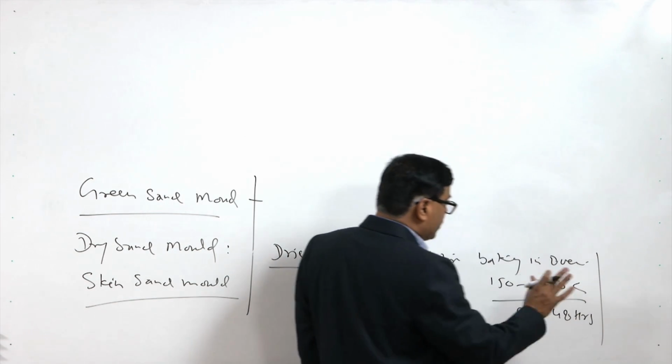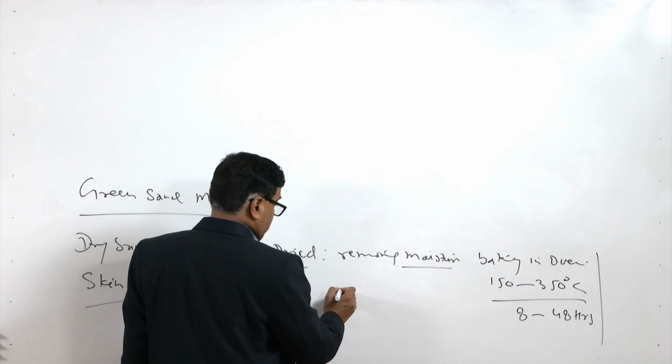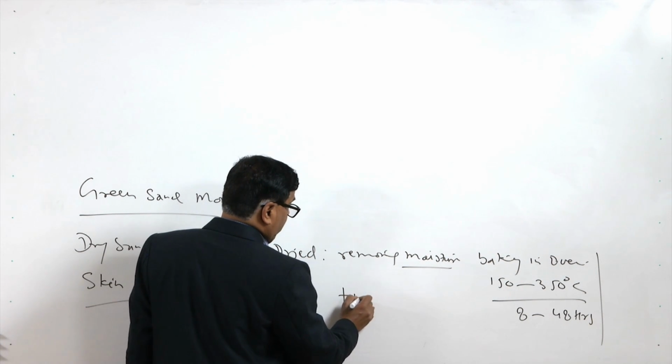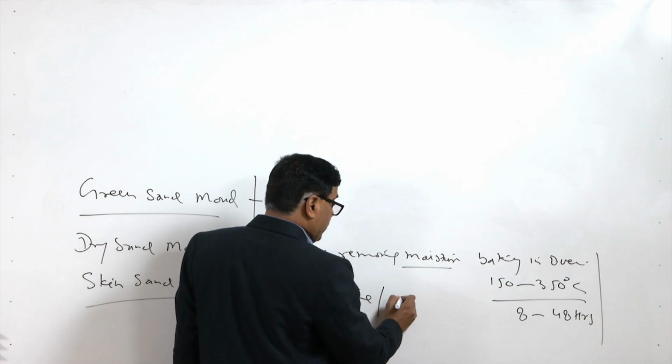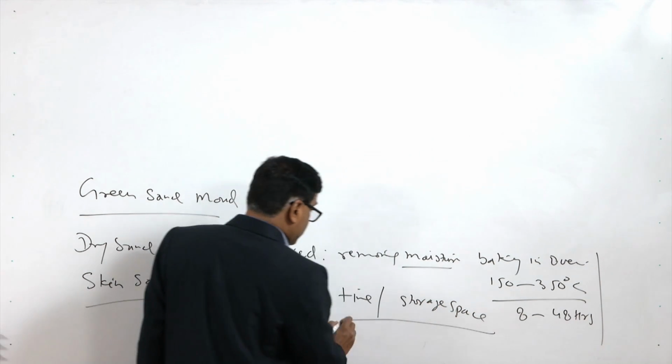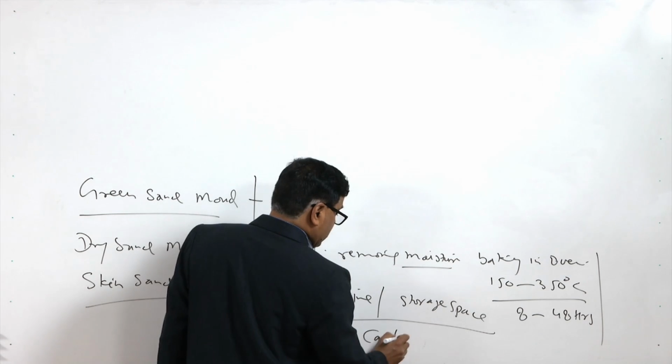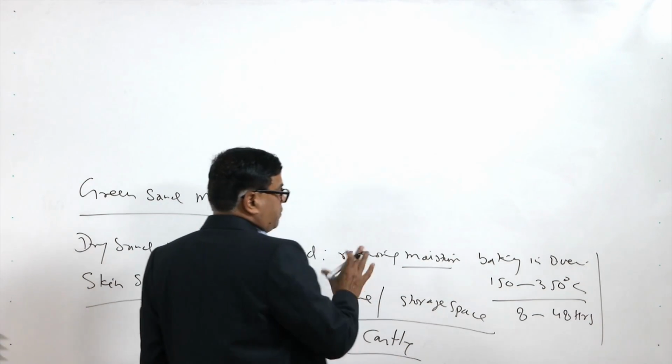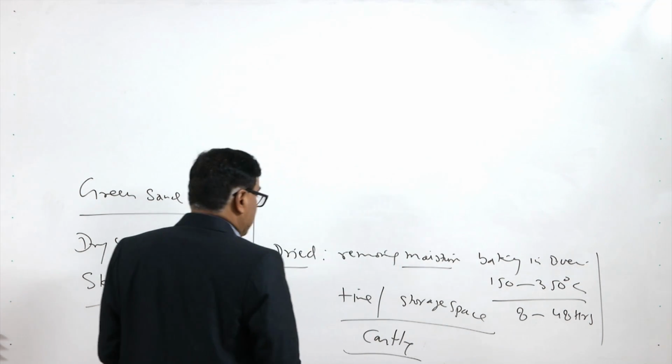So, this needs a lot of time for preparation of the mold, and a lot of storage space is needed. So, this method is basically costly and expensive and justified when the casting size is large.